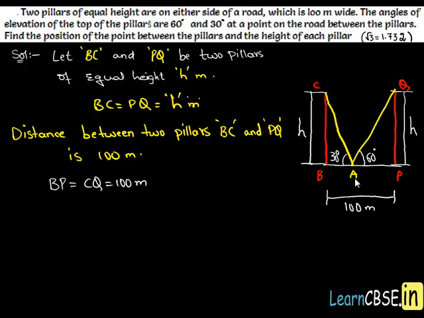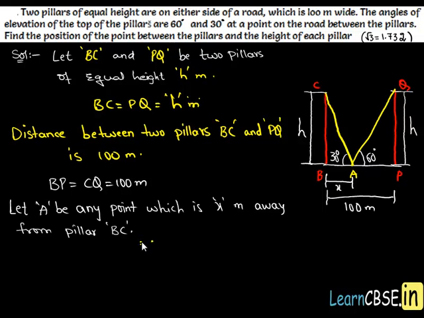And we assume the distance of the point A from the pillar BC to be x meters. Therefore BA is x meters. Here we have total length of 100 meters. So the distance of the point A from pillar PQ is 100 minus x.